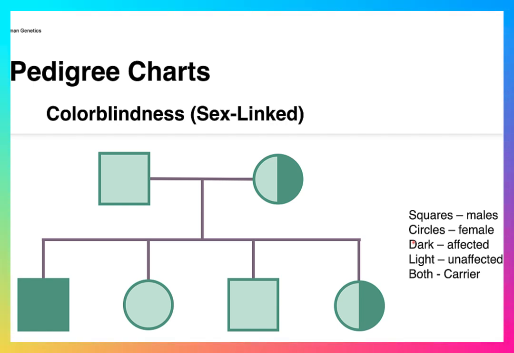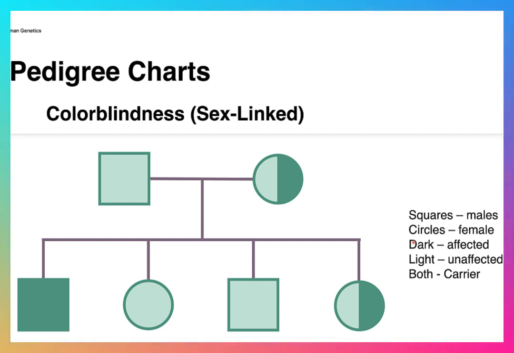We'll finish with what's known as a pedigree chart. A pedigree chart is a way of demonstrating the inheritance of people in a family line. We use these in medicine to look at the inheritance of certain diseases in certain situations.